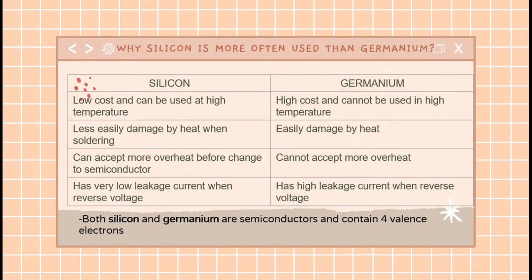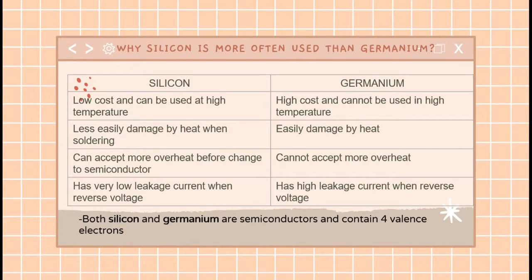Why is silicon more often used than germanium? Silicon has low cost and can be used at high temperature, while germanium has high cost and cannot be used at high temperature. Second, silicon is less easily damaged by heat when soldering, but germanium is easily damaged by heat.